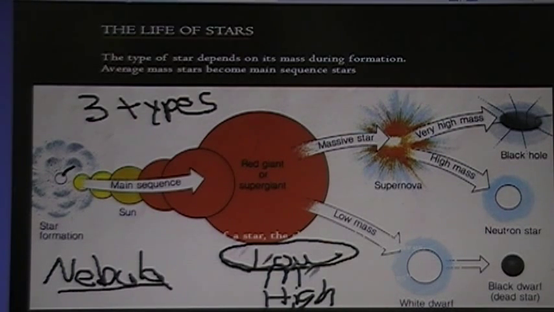Then you have your medium mass star, and our sun is a medium mass star. It's not a high mass star, so the first thing you know right away is that it will not blow up. The medium mass star will move to the red giant stage.